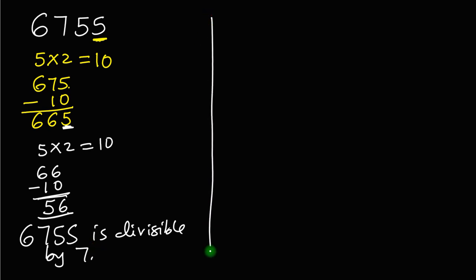We can also have another example. 62,216. We can test whether this number is divisible by 7. We repeat the same steps. Let us now consider the last digit, that is 6.